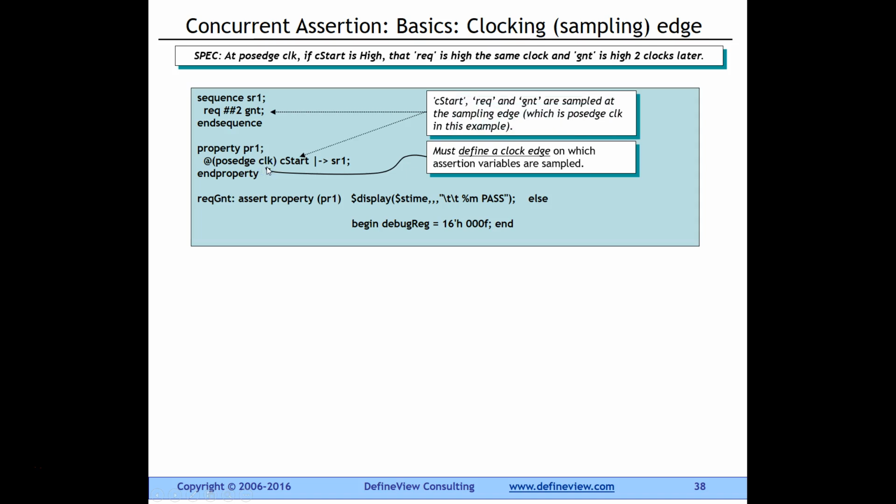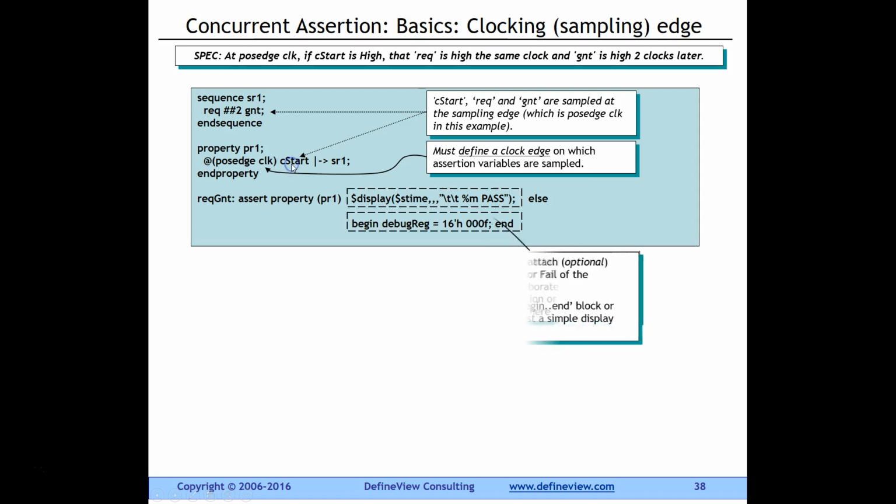Now, the other key important concept here is that cstart is a signal, a variable. Request is also a variable, and so is grant. The cstart is evaluated at passage of clock. The sequence doesn't have a clock, but it inherits the clock from this property, and we'll see a bit more on that.